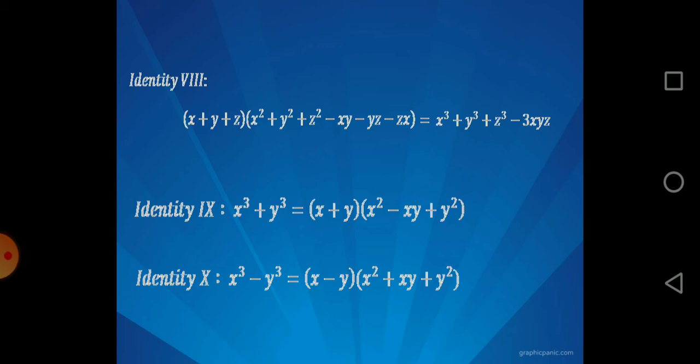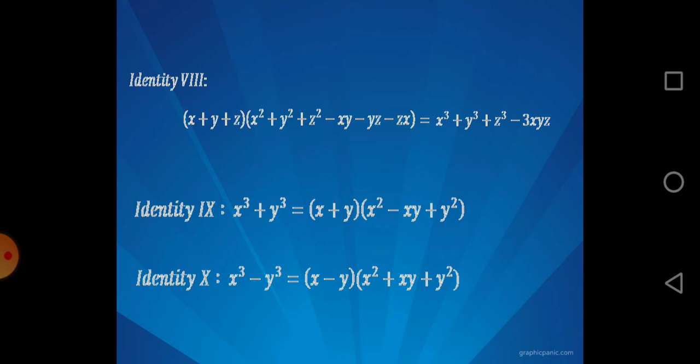Questions based on this identity are asked in many competitive exams, where, suppose, you are asked to find the value of 5 cube minus 2 cube minus 3 cube. Here 5 minus 2 minus 3 means x plus y plus z. 5 minus 2 is 3, 3 minus 3 is 0.